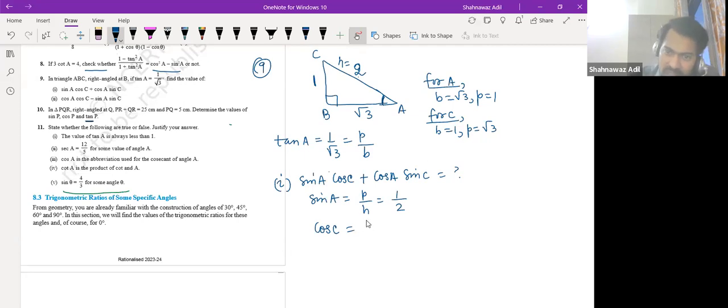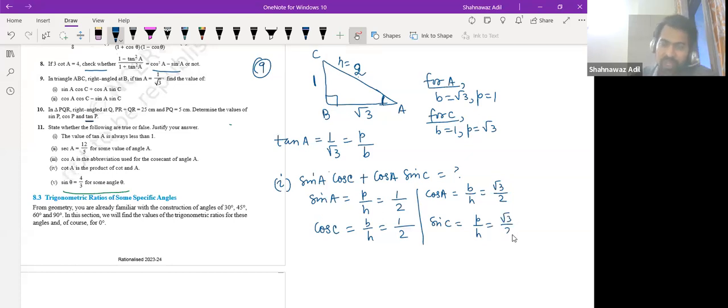So for cos C, this is B by H. B is 1 and by 2. And then you have cos A. Cos A is B by H, which is root 3 by 2. And sine of C, which is P by H, so root 3 by 2. These are the values, right, Rifa?